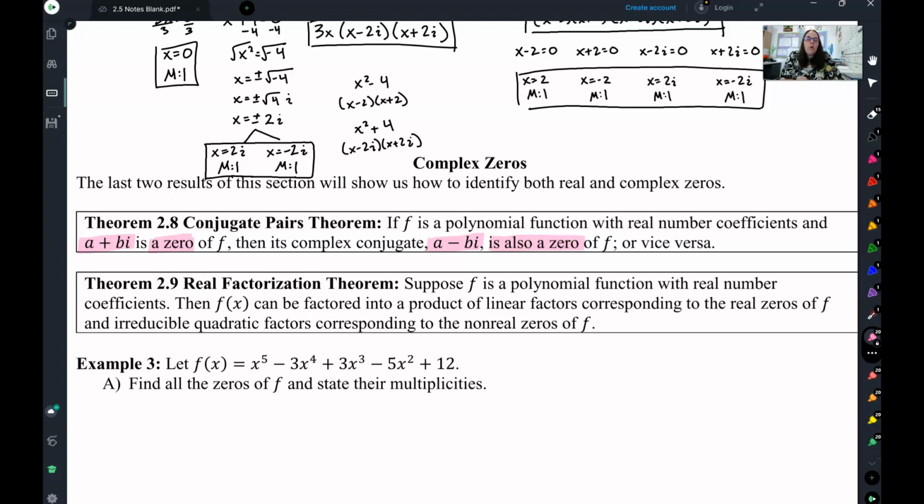Imaginary zeros will always come in conjugate pairs. So that's why I had positive 2i and negative 2i as a conjugate pair. And that will always hold true. You will never just have one imaginary zero. They always come in conjugate pairs.